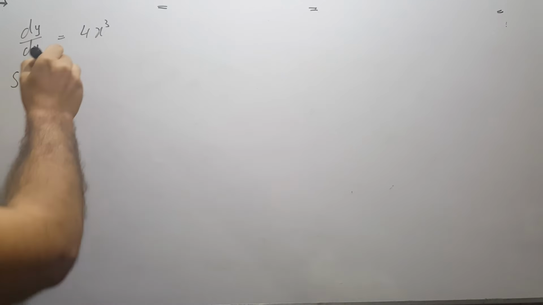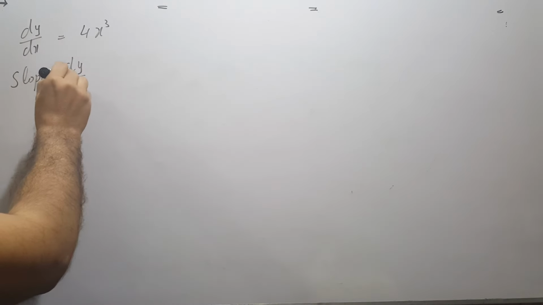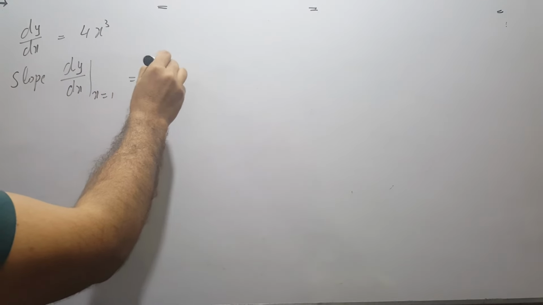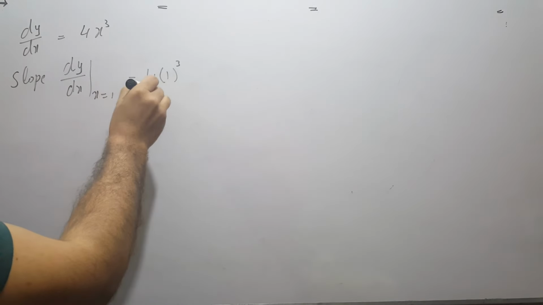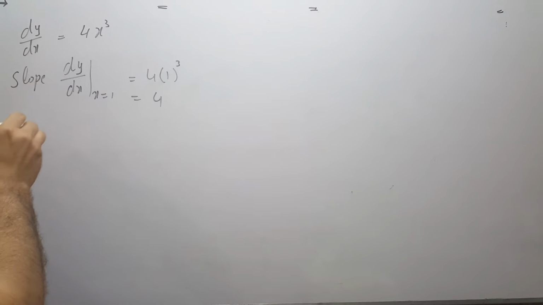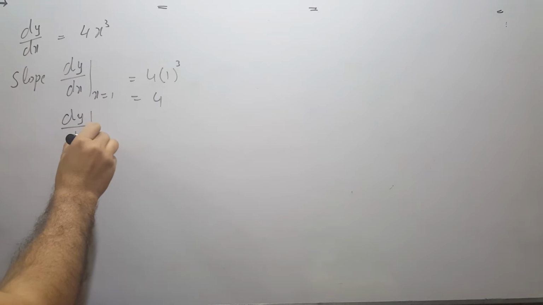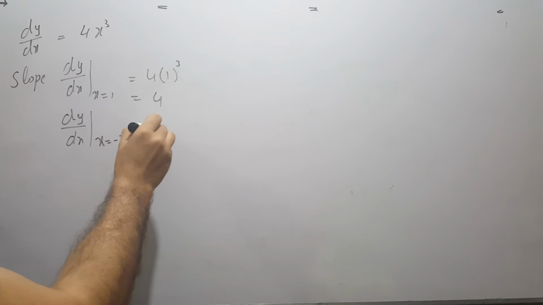So the slope at x equals 1 is just replace x with 1, and then if you want to find out the slope at x equals minus 2, just replace.